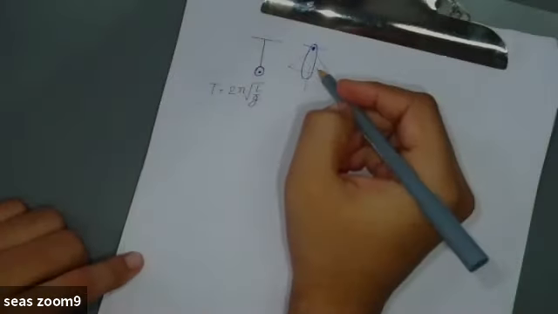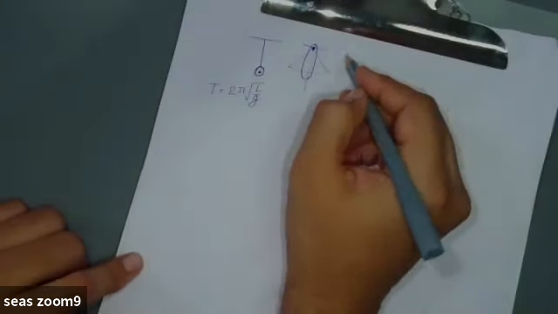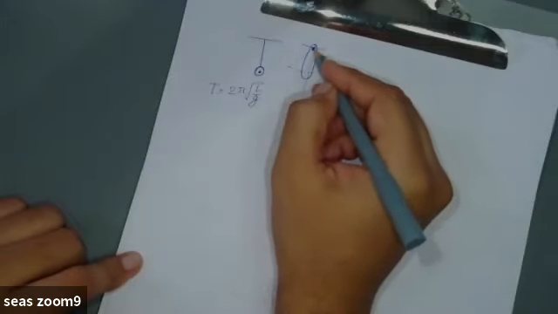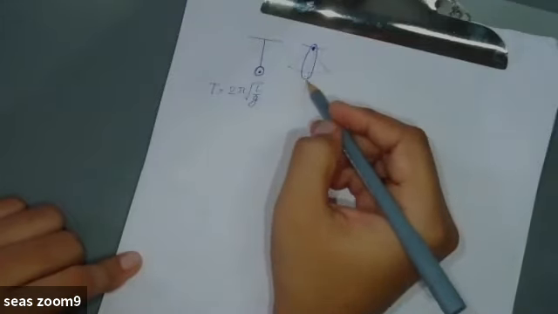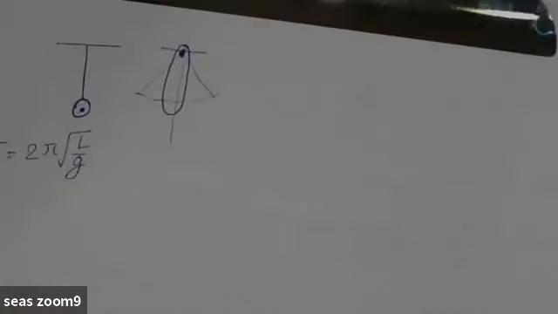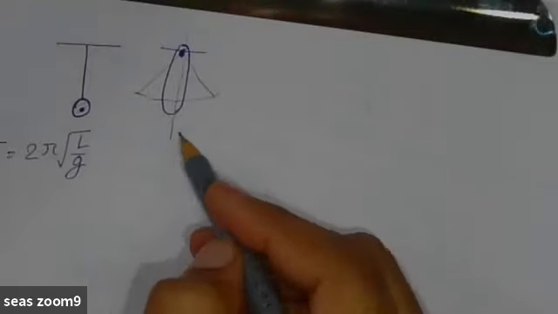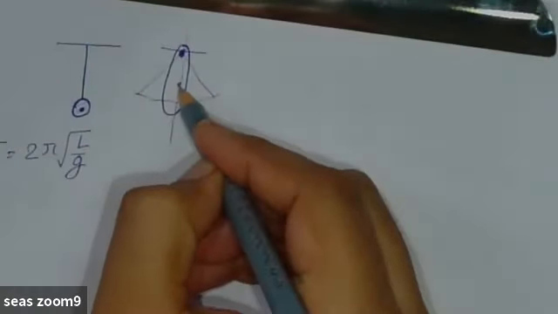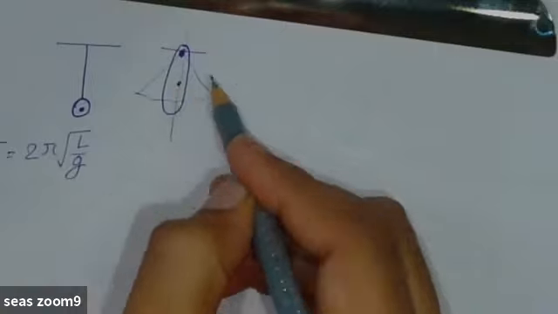Here in compound pendulum, let's say there is a solid which remains suspended from this point, and this solid has its CG somewhere at this point.